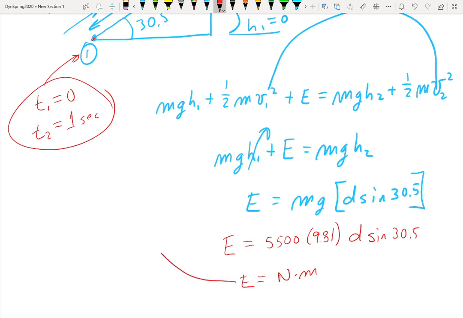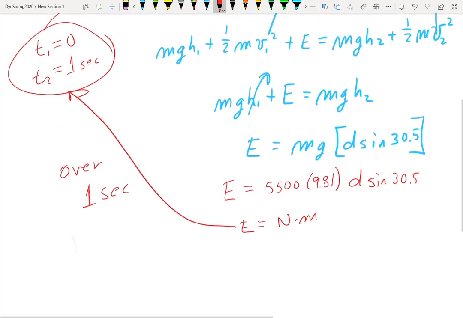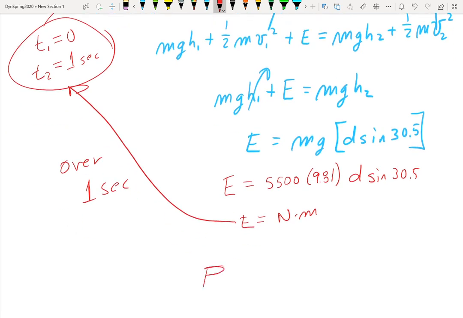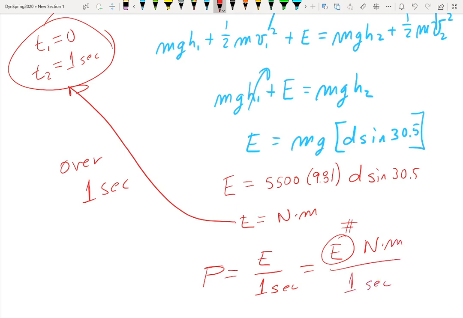But that's the energy to translate it over 1 second. And therefore, the power is equal to the energy per 1 second, or whatever E is in Newton meters over 1 second. And that should be your answer.